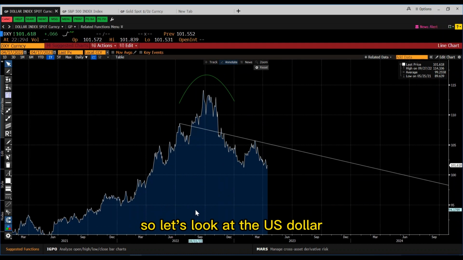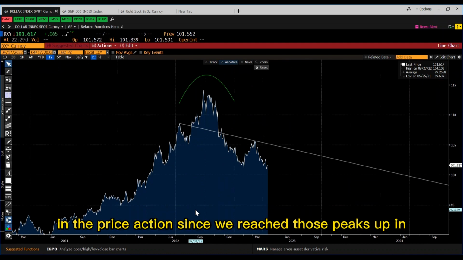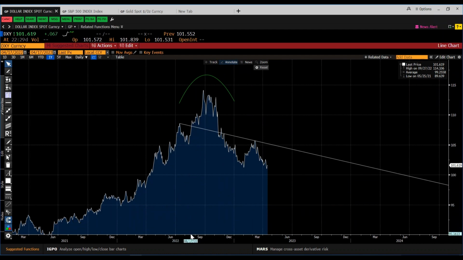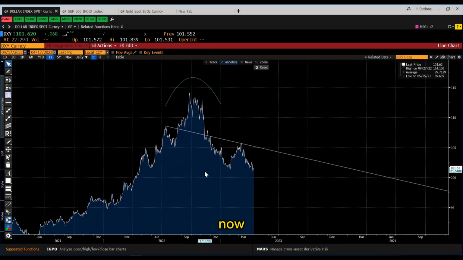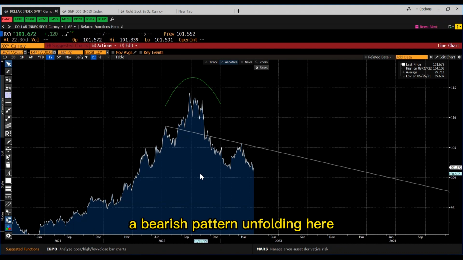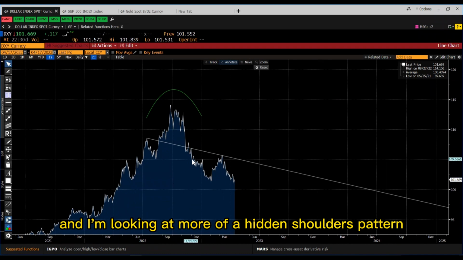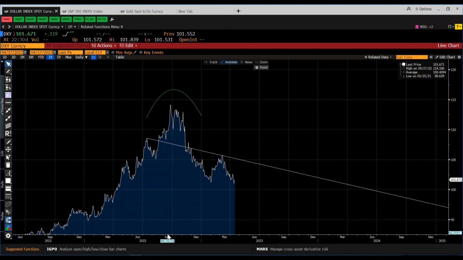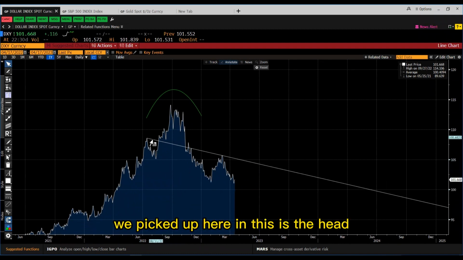So let's look at the US dollar. So we've seen there's been a particular reversal in the price action since we reached those peaks up in September, October. Now, I can see a bearish trend and a bearish pattern unfolding here, and I'm looking at more of a head and shoulders pattern. So what we can see is we peaked up here, and this is the head.